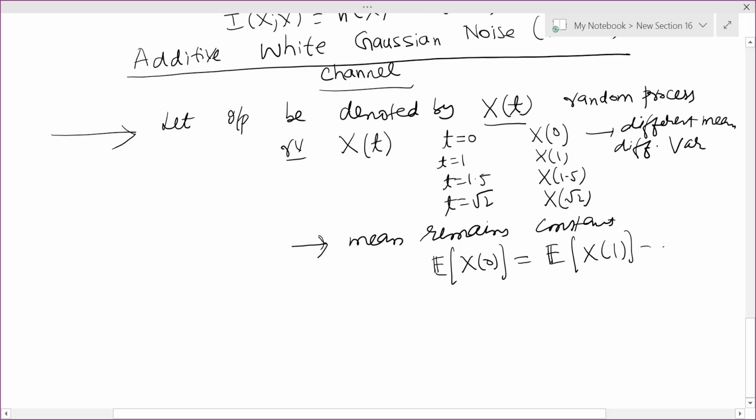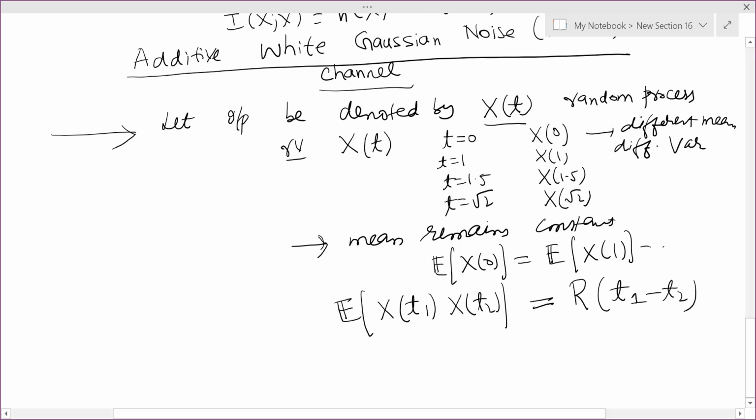The other is that if you take the expected value between two time instants, x of t1, x of t2, then it is a function of only the difference of the time interval. It doesn't depend upon what t1 and t2 are, but only upon t1 minus t2. These are the two assumptions we make about most random processes, and such random processes are called wide sense stationary processes.